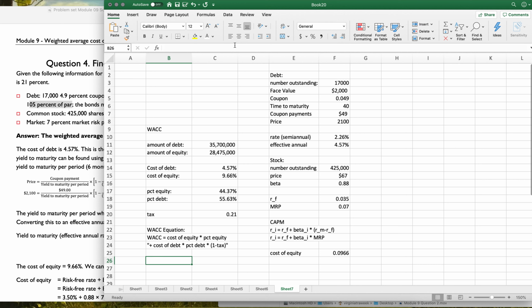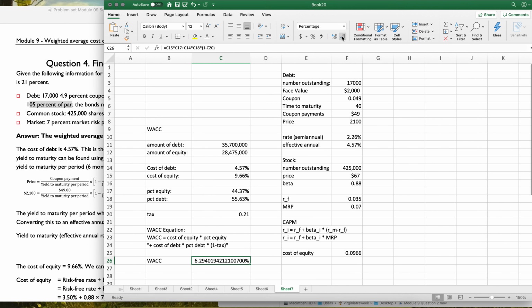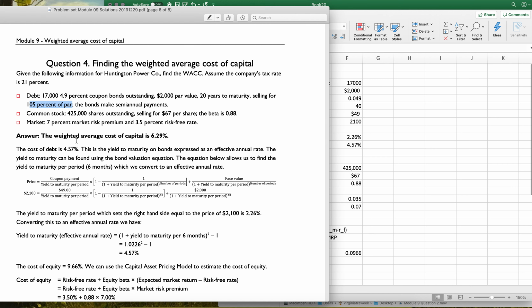All right, last step. Cost of equity times the percent equity plus cost of debt times percent debt times 1 minus the tax rate. Let's get rid of a few of those decimal places. I don't think we need to be that precise. And we get the answer 6.29.